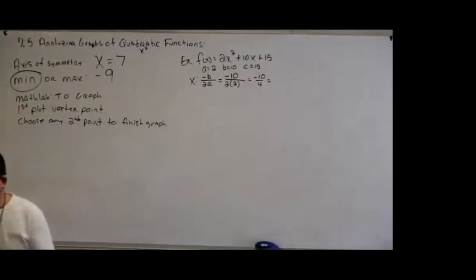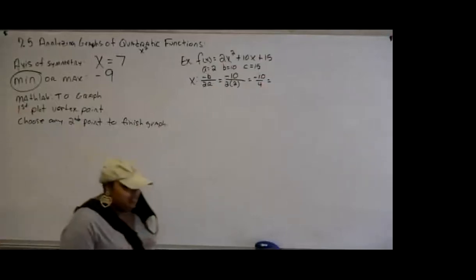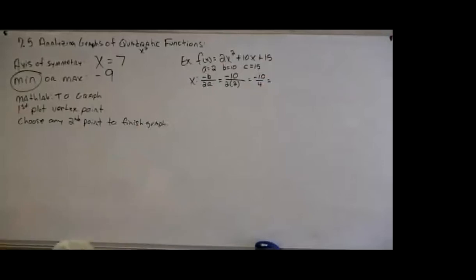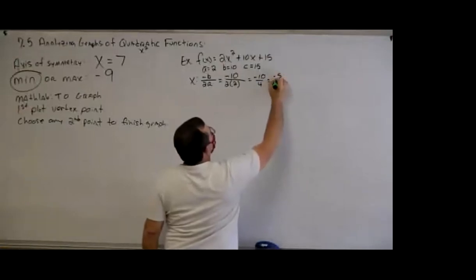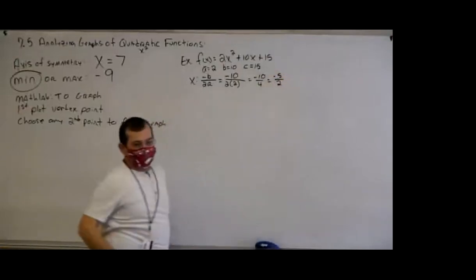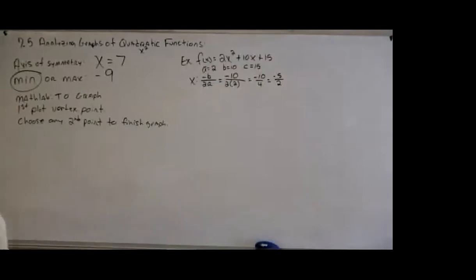So negative 10 divided by 4 doesn't give me a nice number. It's going to end up being a fraction. So the only thing I can do really is reduce my fraction down. So both of them will divide by 2. So since they both divide by 2, I'm going to make that a negative 5 over 2. That's my x value.